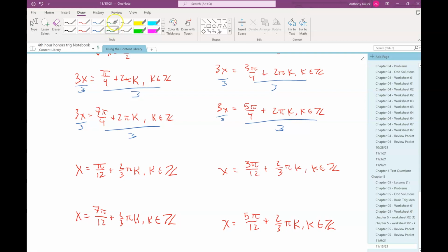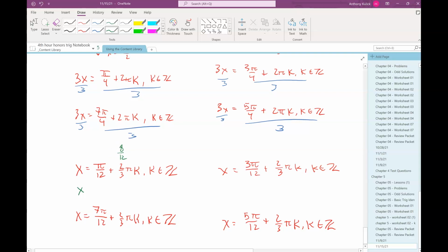All right. Let's start generating our solutions now. So our interval goes from 0 to 2 pi, right? So if I convert 2/3 pi to have a common denominator with pi over 12, that'd be 8/12 pi.